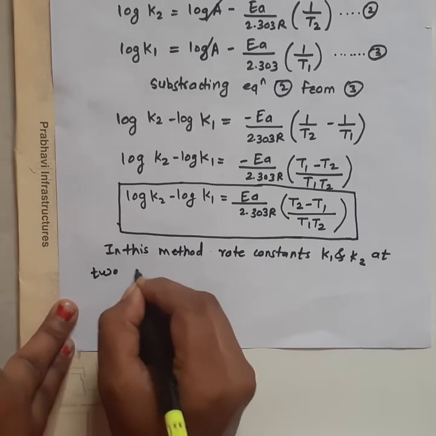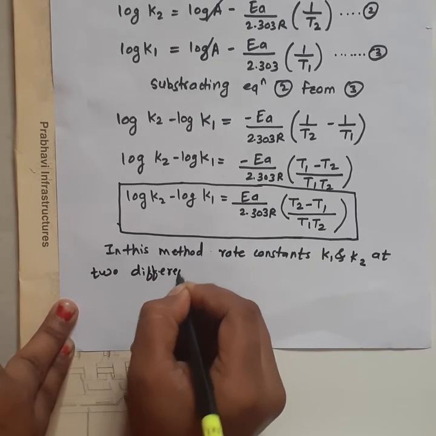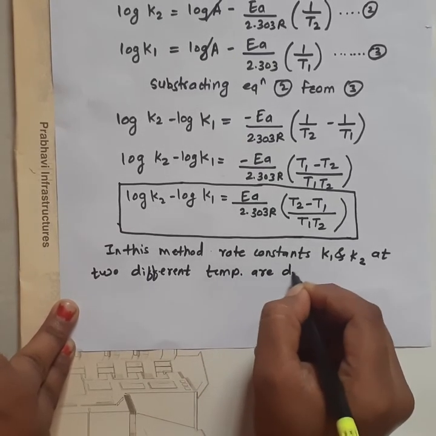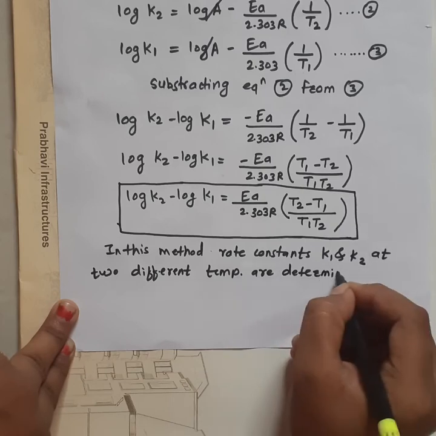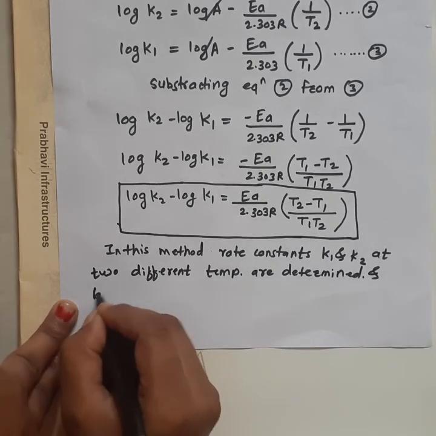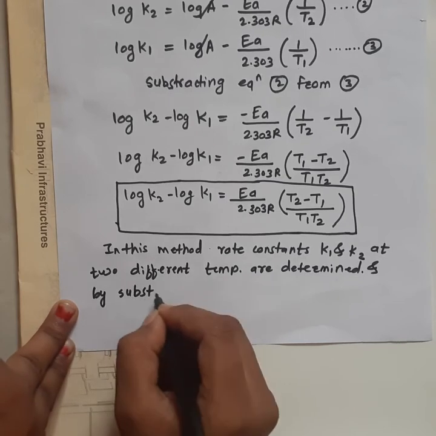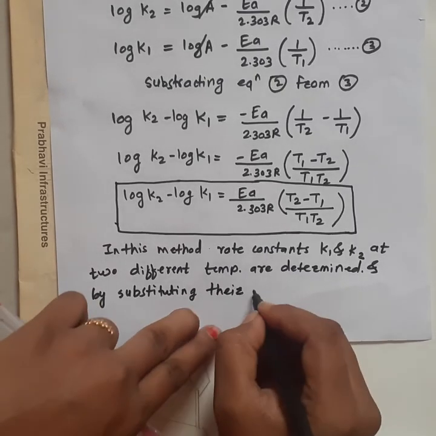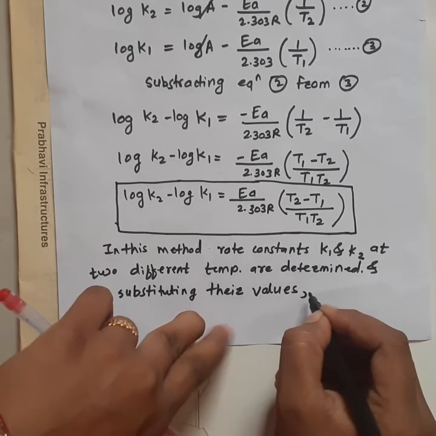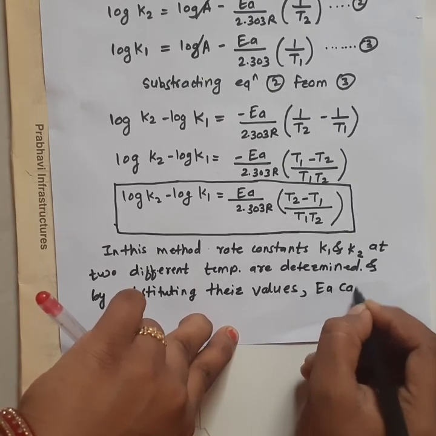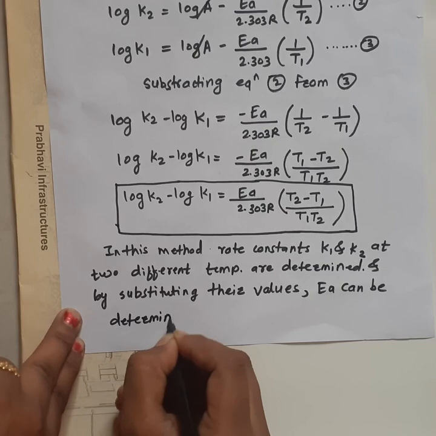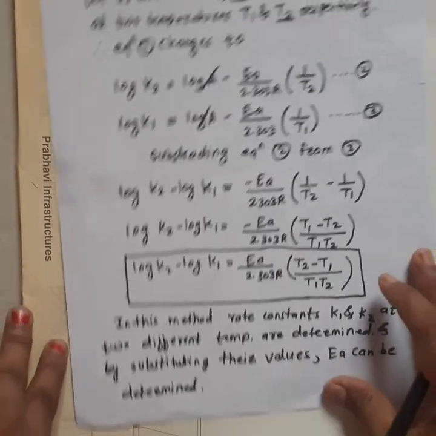So in this method, rate constants K1 and K2 at two different temperatures are determined, and by substituting their values, the rate constants and temperatures, the energy of activation, that is EA, can be determined.